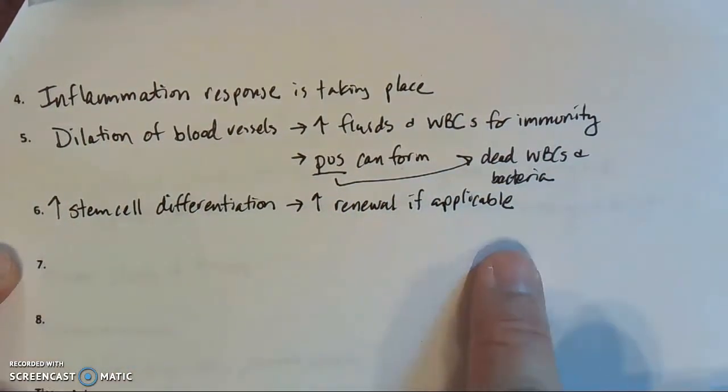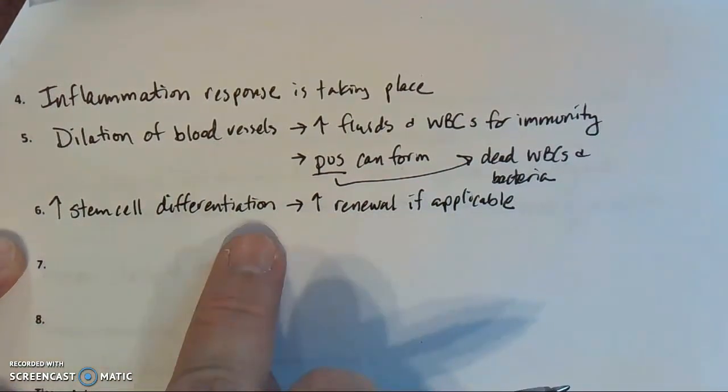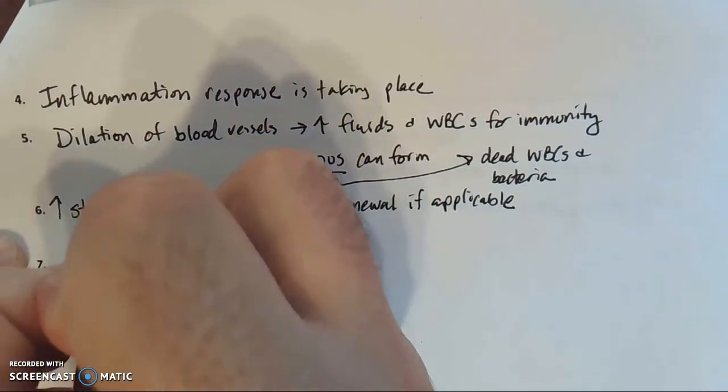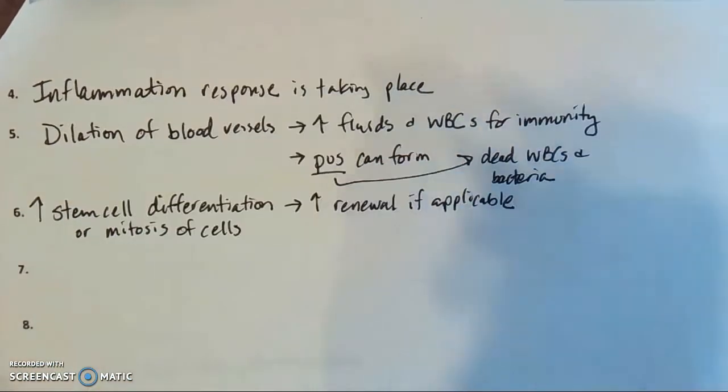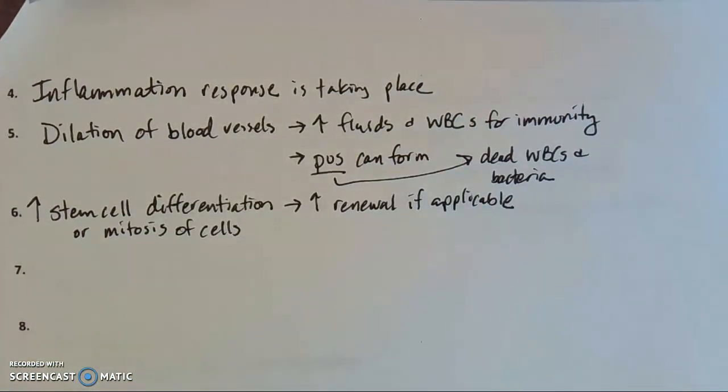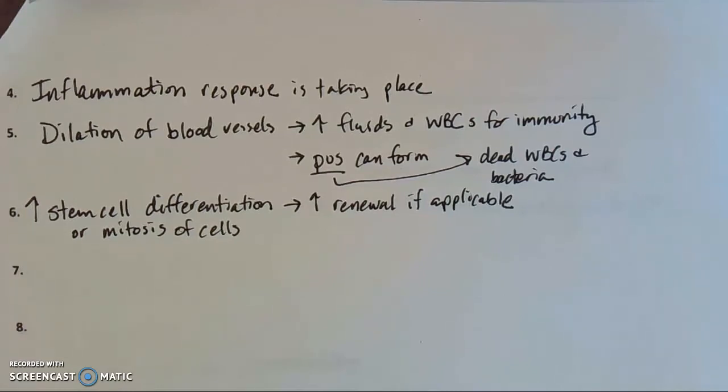That's only if stem cells are going to be present for that tissue, or we have mitosis of cells. So if it is connective tissue, those cells can start dividing so they produce more fibers. But if it's nerve tissue, we don't have the stem cells present. Nerve cells really don't undergo that much mitosis, so some things don't renew. But if it is going to occur, it occurs.